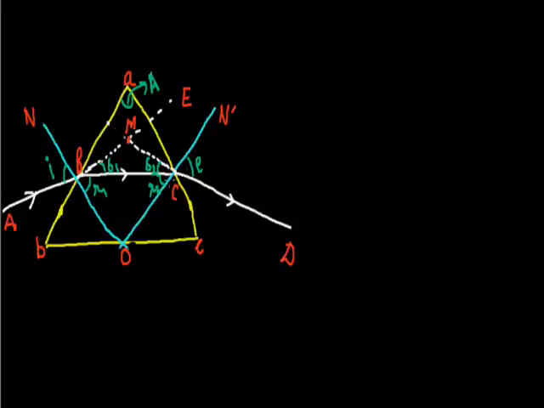Now, mathematically, first of all, as we have gone through the process, the ray AB, when it falls on the surface AB, is moving from air to the glass medium.